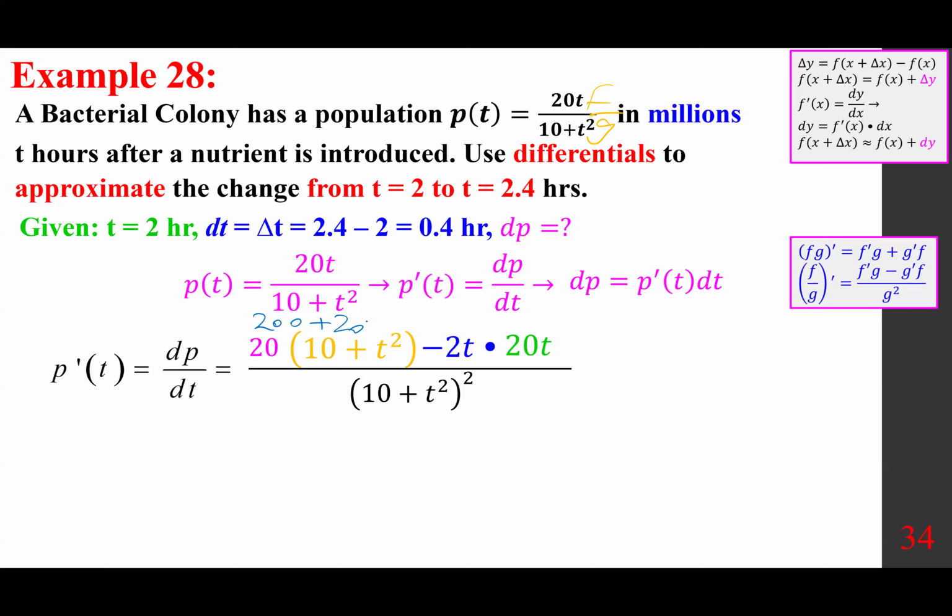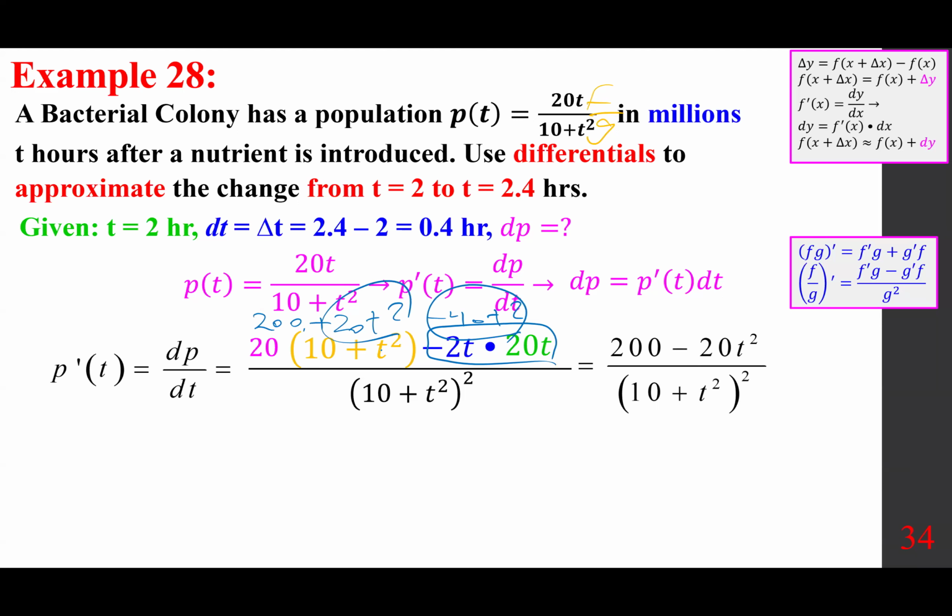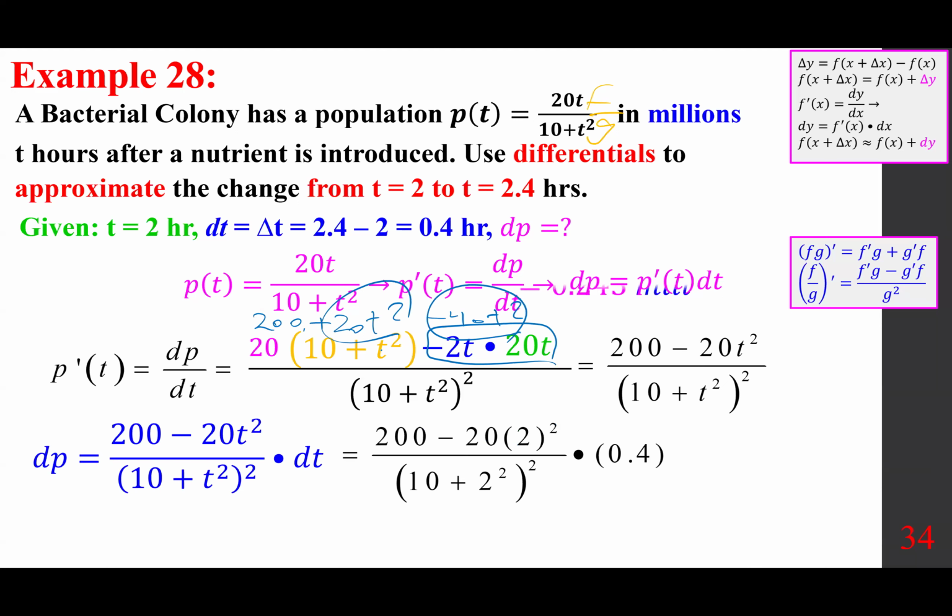(200 + 20t²) minus 40t². This is it, which makes dP this one times dt. Plug in, put it into a calculator: 0.245, or 245,000.